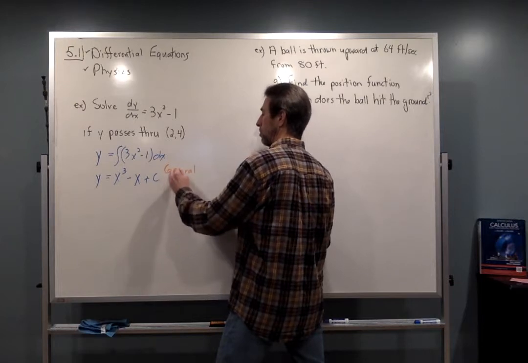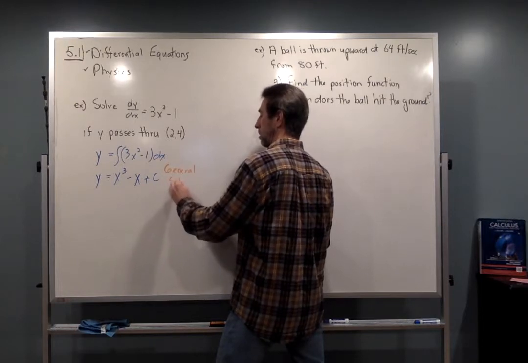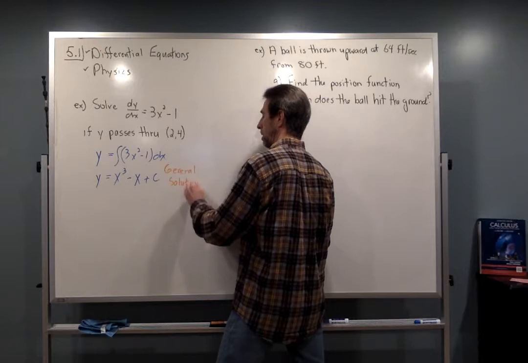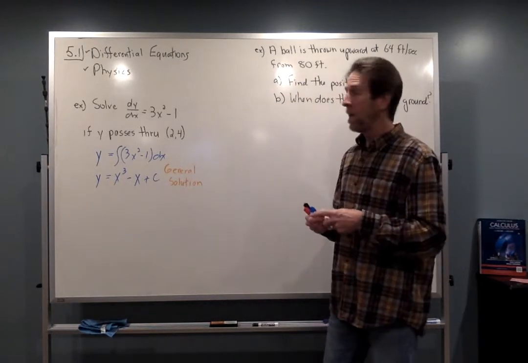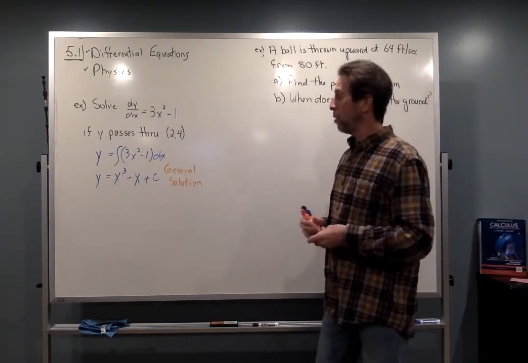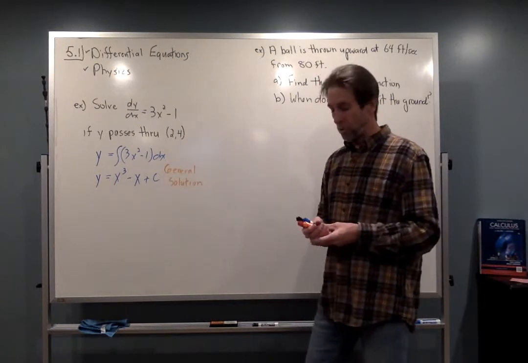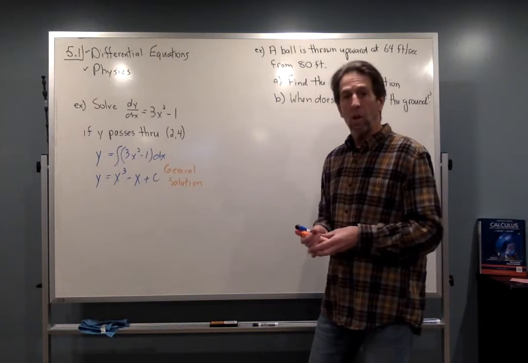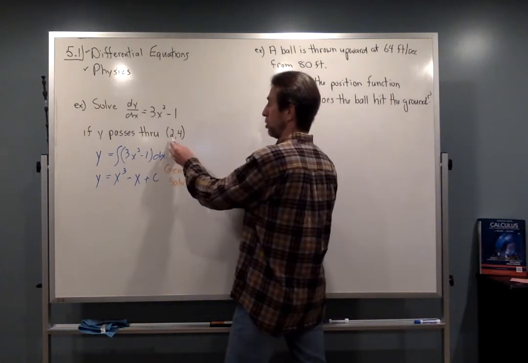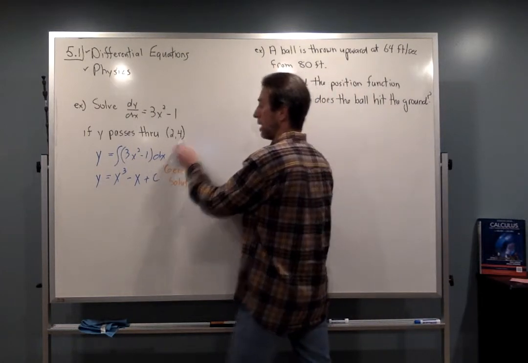So if it's a general solution, and that's all I wanted, I'd be done. However, we want to find what we could call the particular solution, meaning I know a point that it passes through. And hopefully you're guessing that all that means is we're just going to put a 2 where the x is and a 4 where the y is.